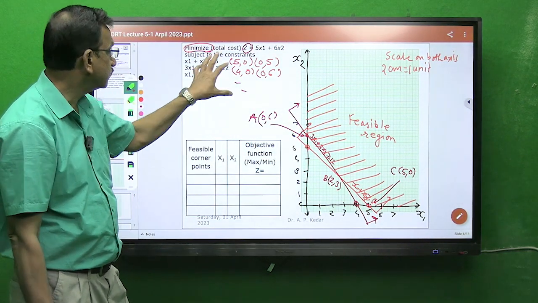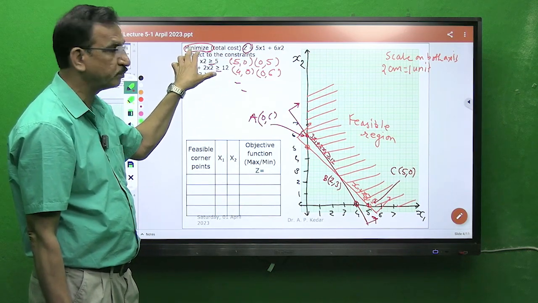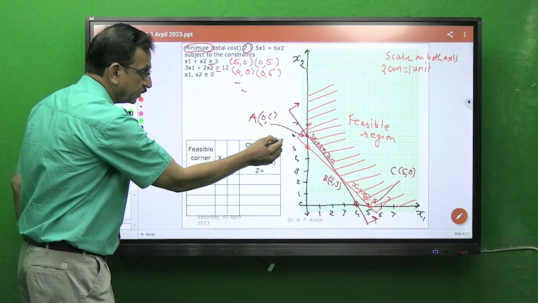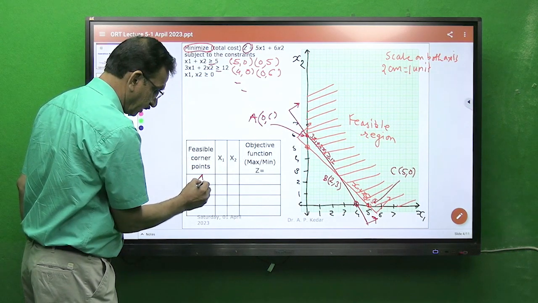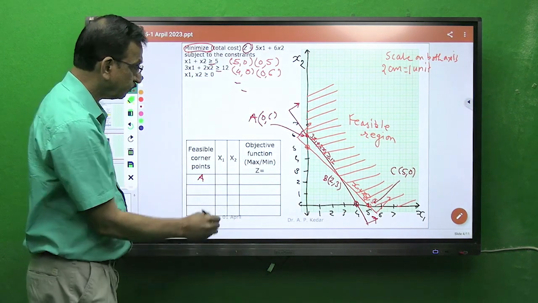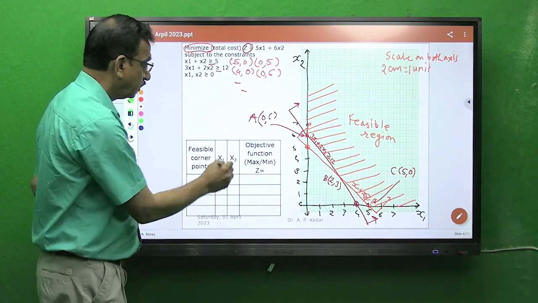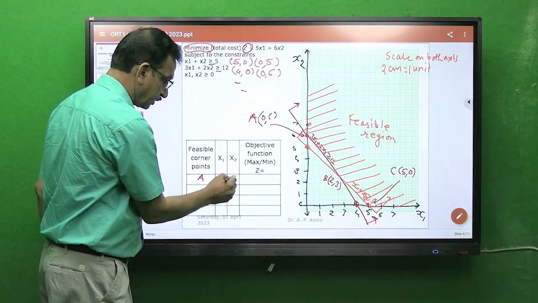Now for these constraints with minimize, I got feasible corner point A with x1 0, x2 6.